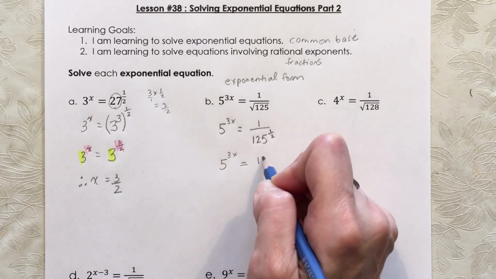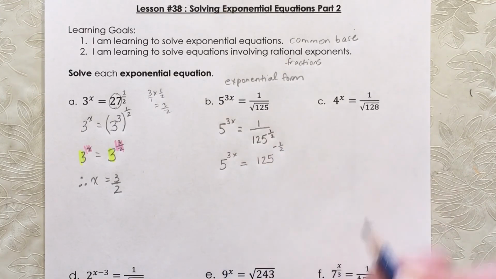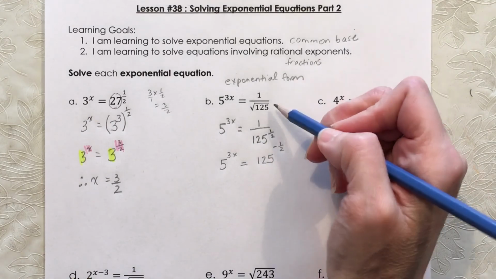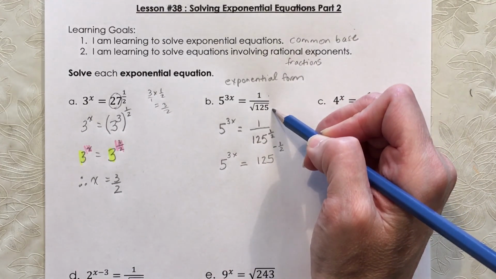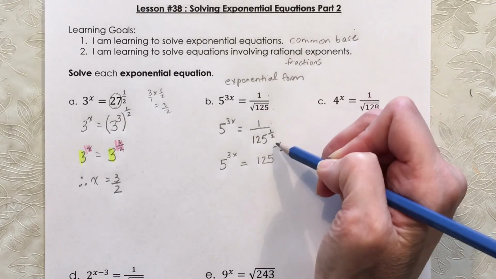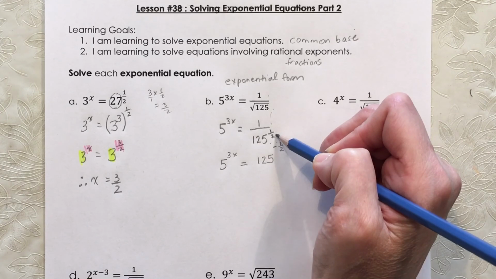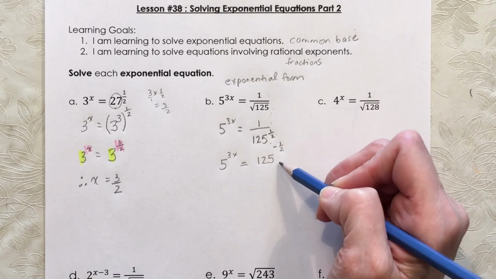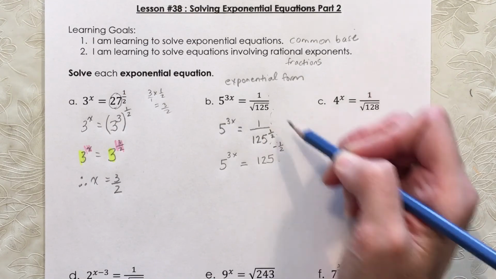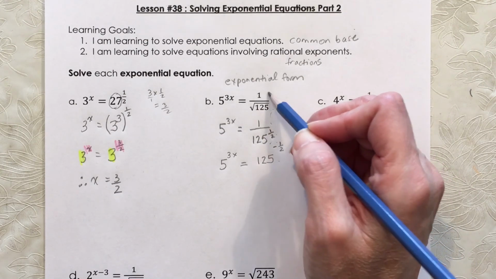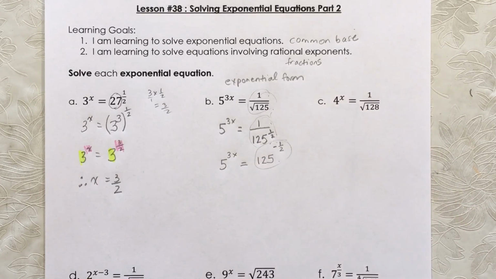In order to do that, my exponent is going to become negative. So, again, what I want you to realize is that 1 over the square root of 125 is exactly the same as 1 over 125 to the exponent 1/2, which is exactly the same as 125 to the negative 1/2. So we haven't changed anything, we've just changed what this side looks like, but it always means the same thing.